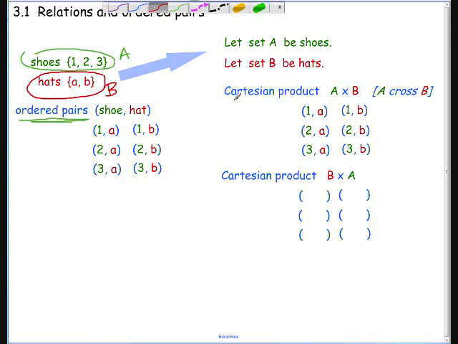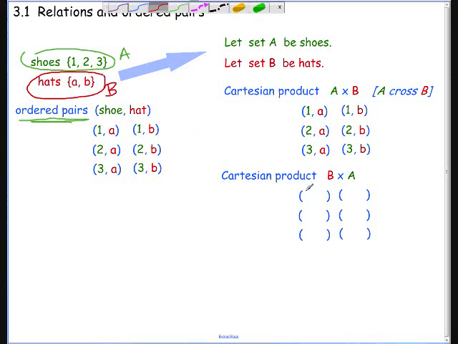Our Cartesian product will combine two sets in a very specific way. A cross B is combining set A and set B in the very way we did it earlier. Notice A is the first one. That's the shoes, which consist of 1, 2, and 3. B is the second member, which consists of only two elements, A and B.